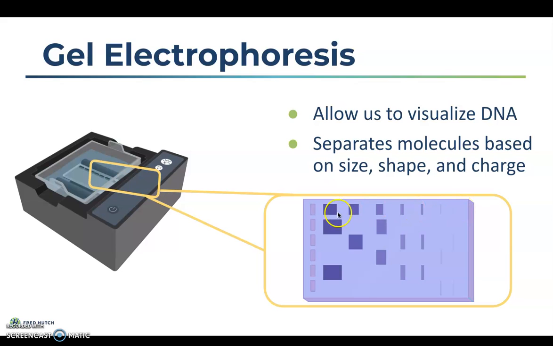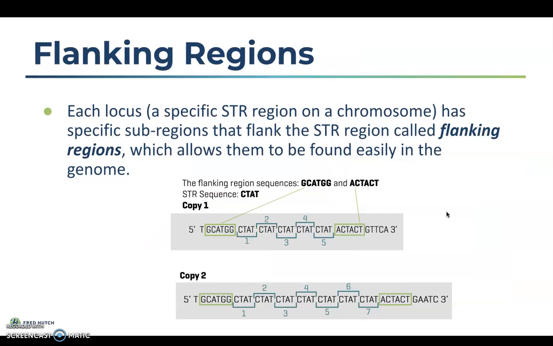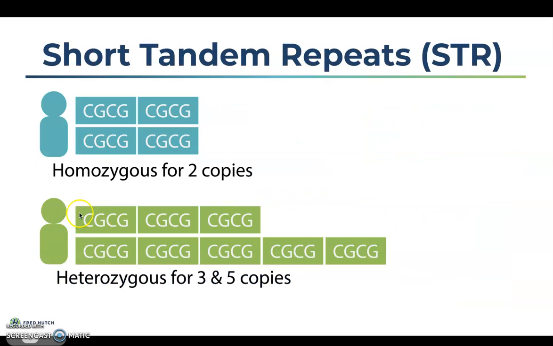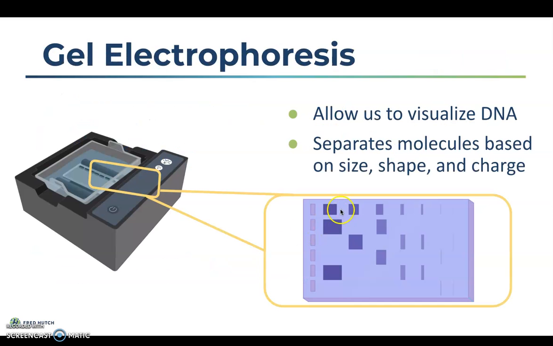Now, we see these different bands because we had different numbers of STRs, right? We had some alleles with only 2 repeats, and some alleles with 3 or 5 or 14 repeats. And so the bigger, longer segments of DNA that have more repeats don't move very far from the well where they were loaded, because they're big and it's hard for them to get through those holes.